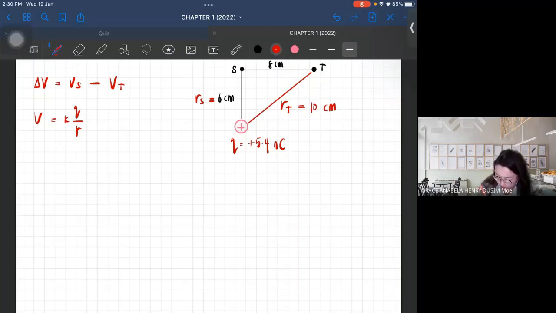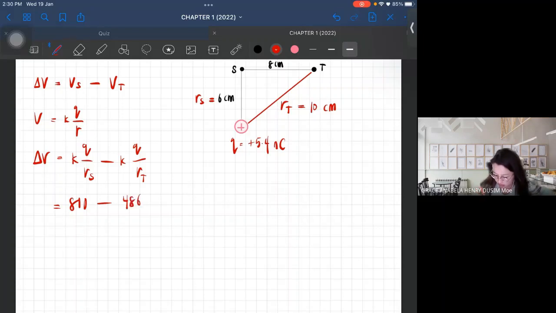So let's do this. Vs minus Vt is kq over rs minus kq over rt. So calculate that. You should then get 810 minus 486. You should get 324 volt.